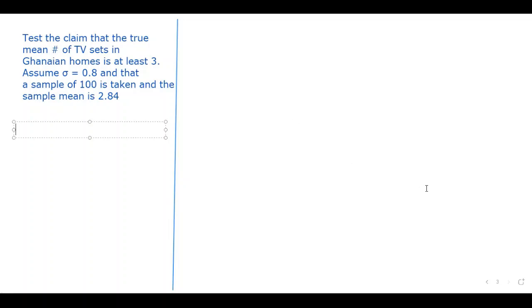So first of all, we know the standard deviation, SD, to be 0.8. We know the sample mean, the x-bar, to be 2.84.